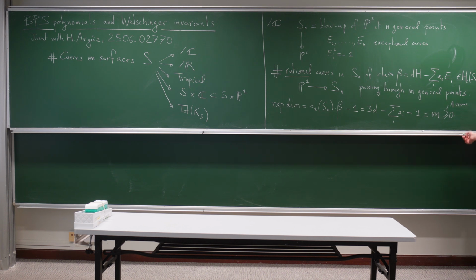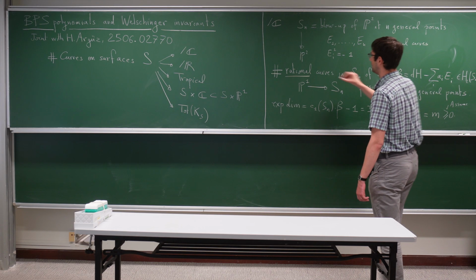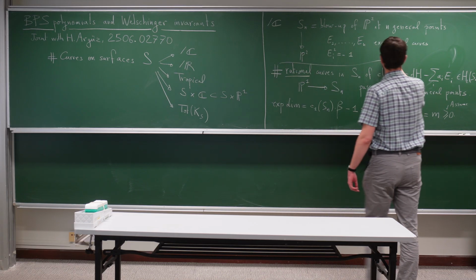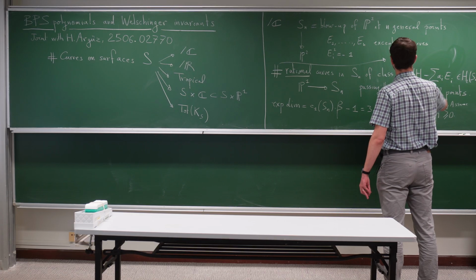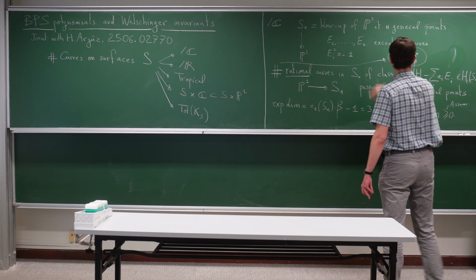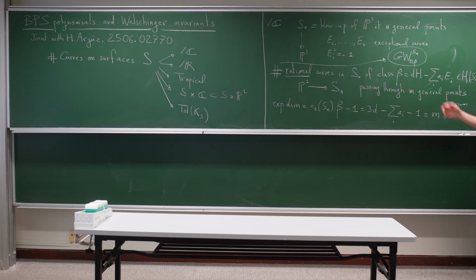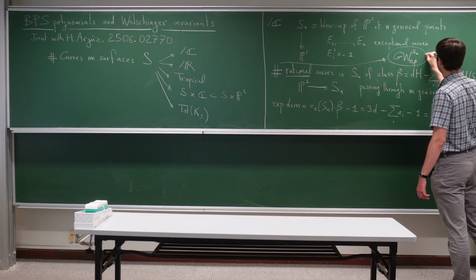And we'll consider the number obtained from this counting problem, which is given by a Gromov-Witten invariant. So I will get the corresponding Gromov-Witten invariant. I will denote it GW0, because it is genus 0, class beta of my surface Sn. And it's possible to show that in this setup, this genus 0 Gromov-Witten invariant is always some non-negative integer.